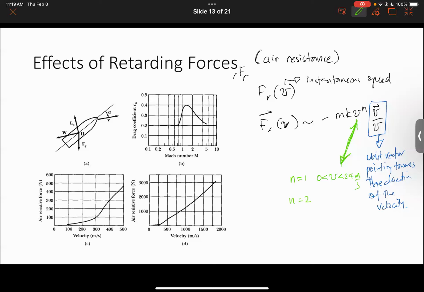And n equals 2 if the velocity is between 24 meters per second and the speed of sound. Okay, so about 330 meters per second. Okay, and for slow speeds, yung retarding force natin is just proportional to the first power of v. And for higher speeds, up to the speed of sound, yung retarding force natin ay proportional sa square nung speed.